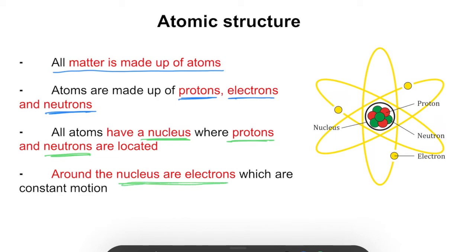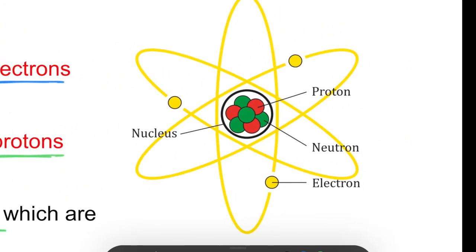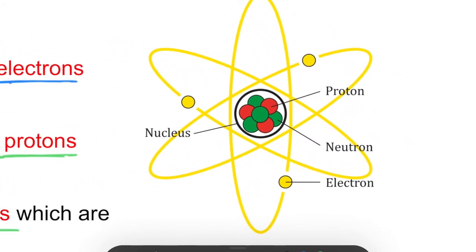And around the nucleus, we have the electrons that are always in constant motion. Here we have a sketch of the atom where we have in the center the nucleus, and in this nucleus we have the protons and the neutrons.